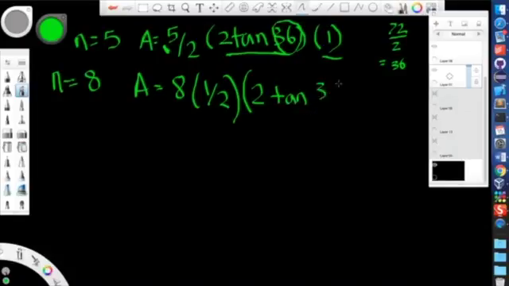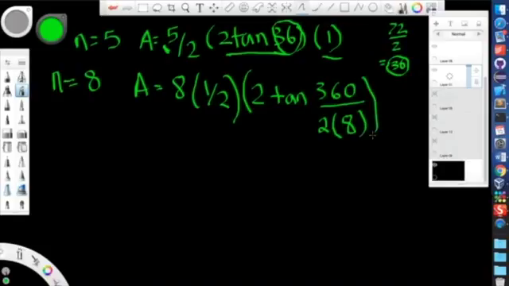And remember, we need to halve that because 36 was half of 72. So it'll actually be 360 divided by 2 times 8, and then times 1. So this is the equation for a circle made up of 8 triangles.